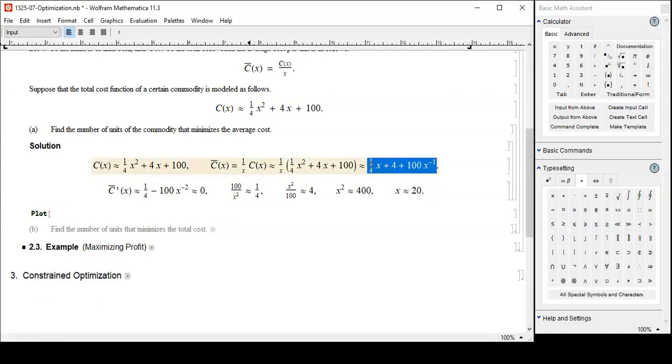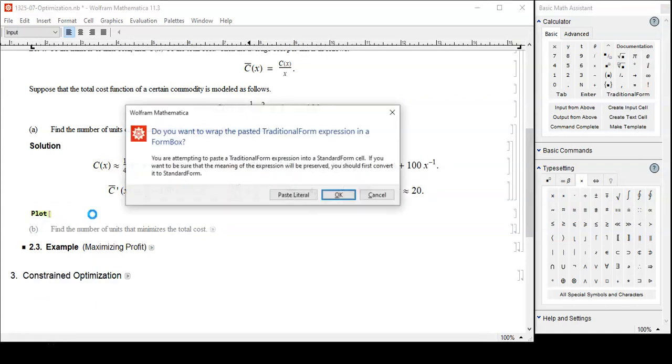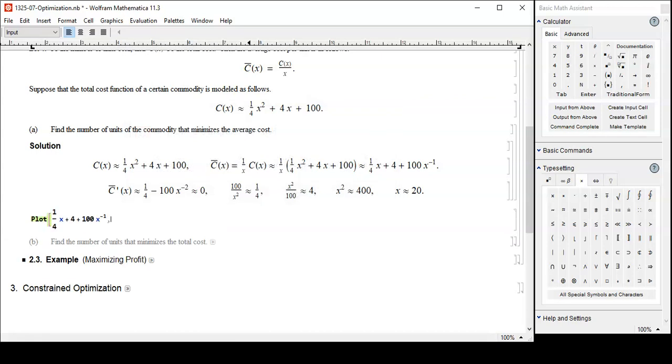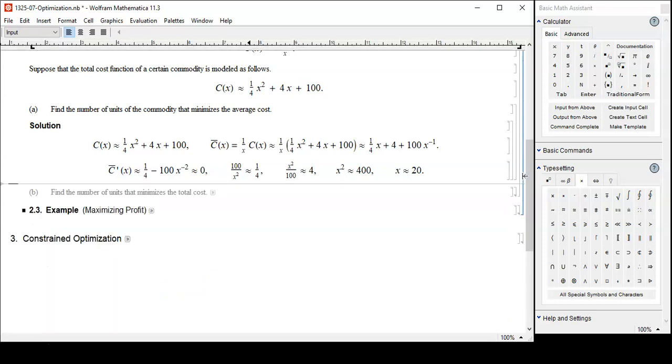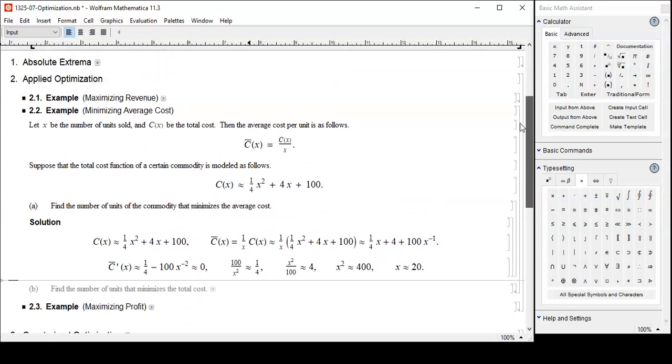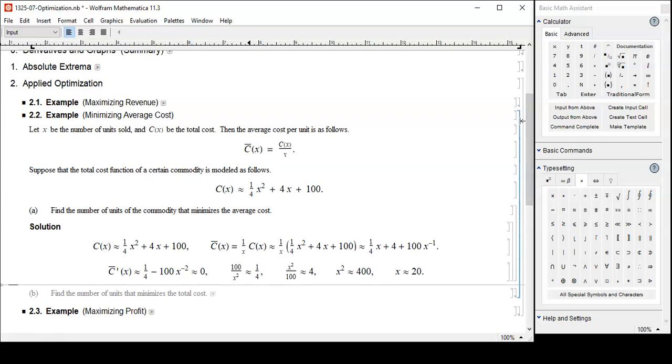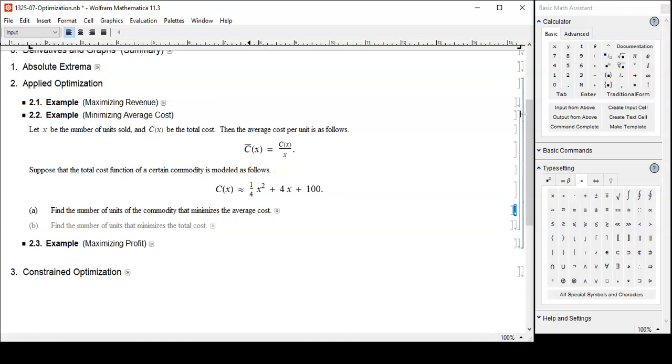Plot this graph. Yes, we have minimum right here at x equals 20. Sorry about the previous error, but by the time you get this notebook, you will get the corrected version, so don't worry about it. Okay.